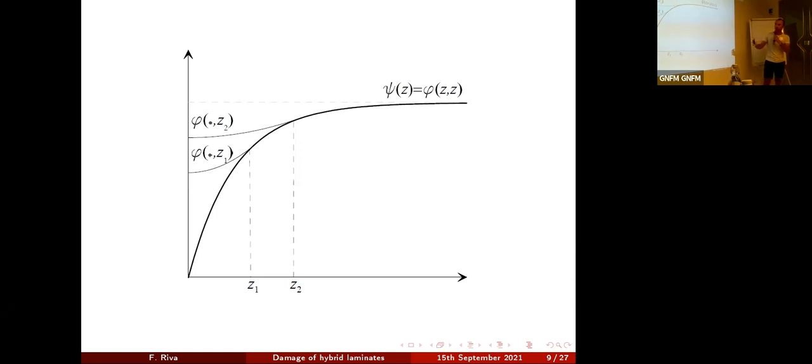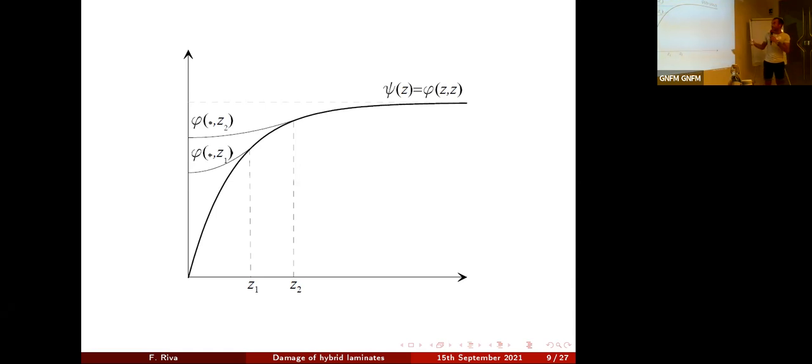To be more precise, let's imagine that we start with this loading procedure on the bar, and until a certain time the loading is increasing, so the slip itself is increasing.